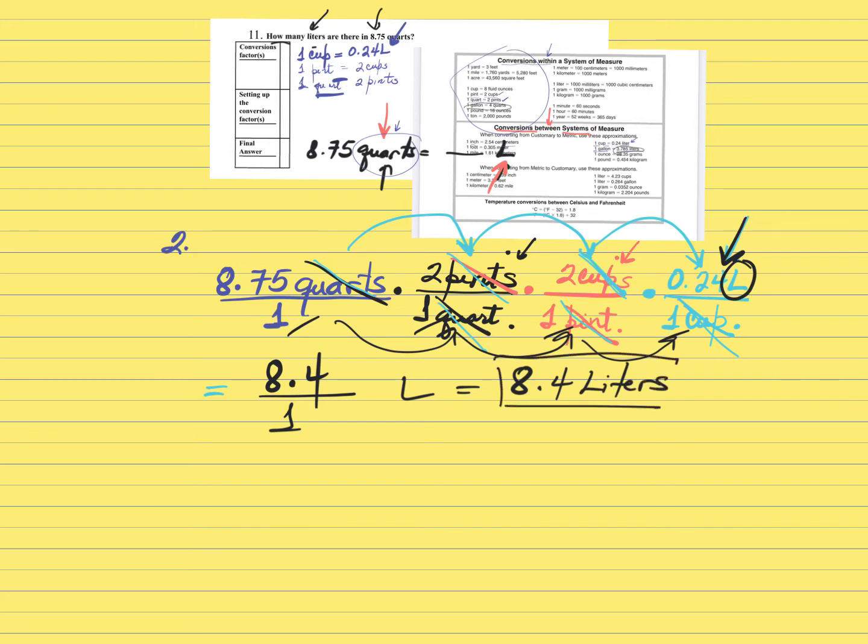And that's your final answer. 8.4 liters in 8.75 gallons.